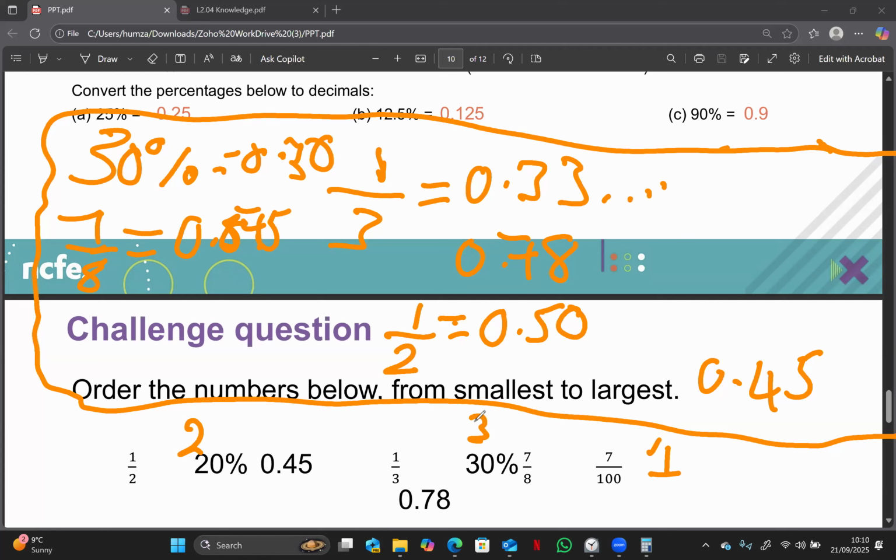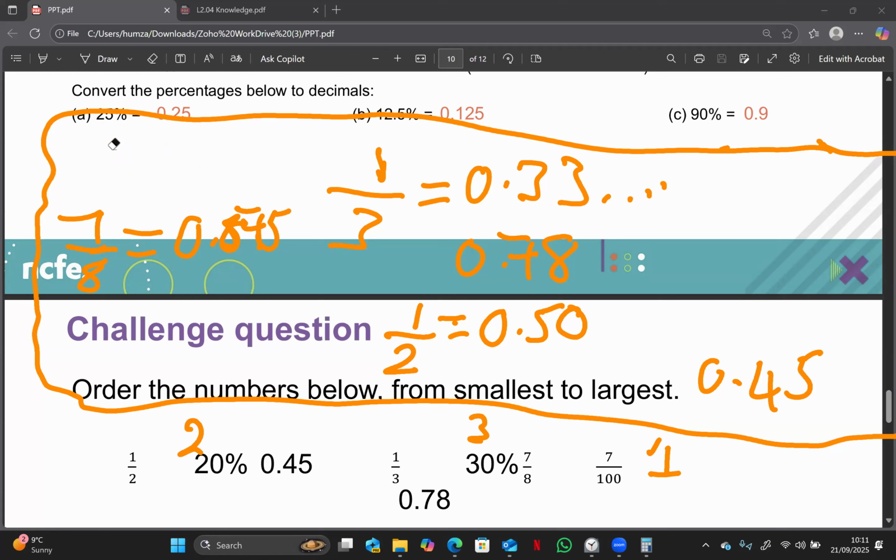What's the fourth one? I'm rubbing them out as we go. What's the fourth smallest there? Is it 0.875? Is it 0.33? Is it 0.78? Is it 0.5? 0.45? Remember, just do what you were doing.